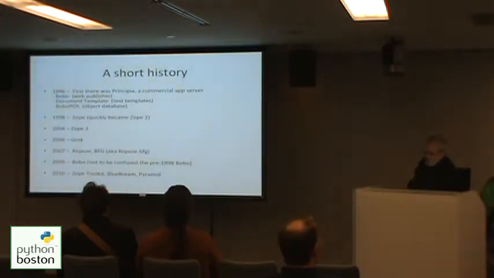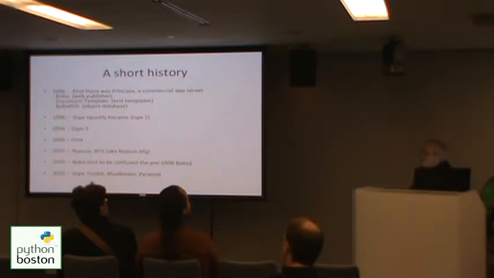I'm not going to talk about using Bluebream or Grok. There are people who are doing that, but quite frankly, a lot of the Zope community that's on the cutting edge of these things are migrating over to Pyramid. While Bluebream is perfectly nice, it's a very large stack with a lot of dependencies.